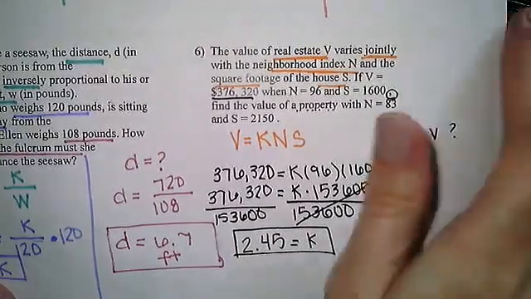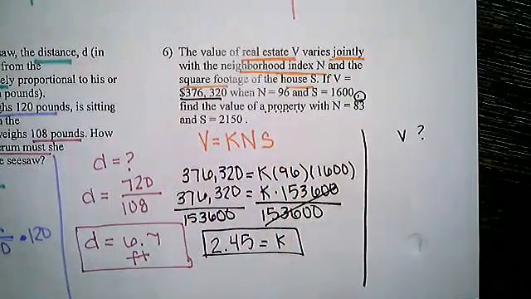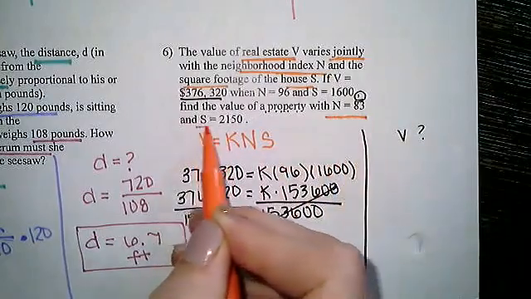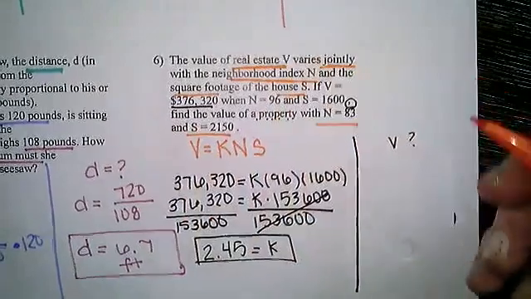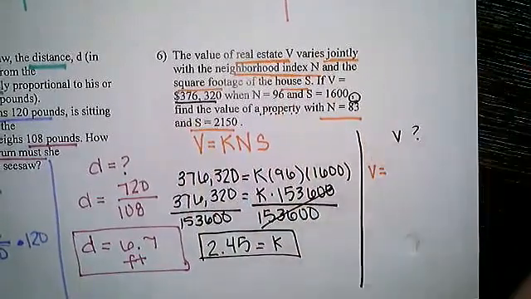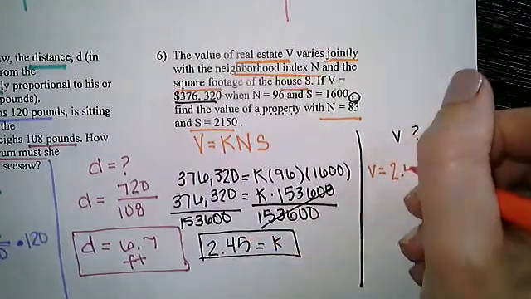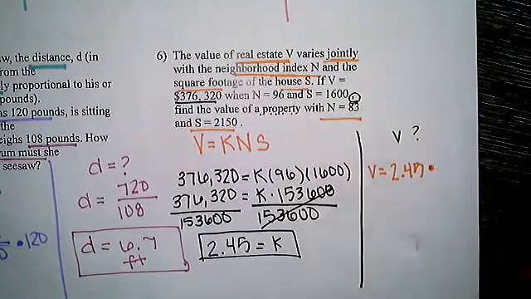So it asks us to find the value of a property, and it gives us two new numbers when N is 83 and S, square footage, is 2150. So this time we don't know V. We have our K is 2.45. I'm going to write a little dot for multiplication.